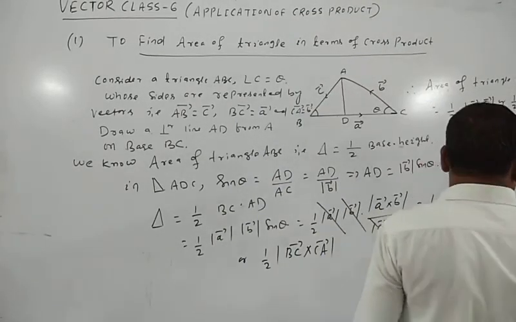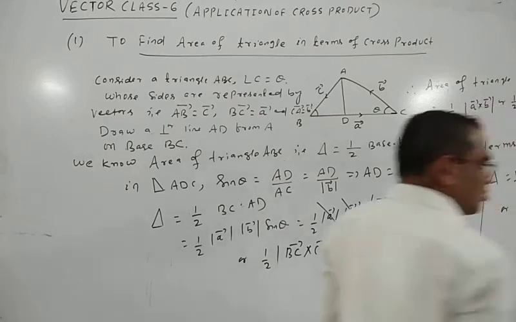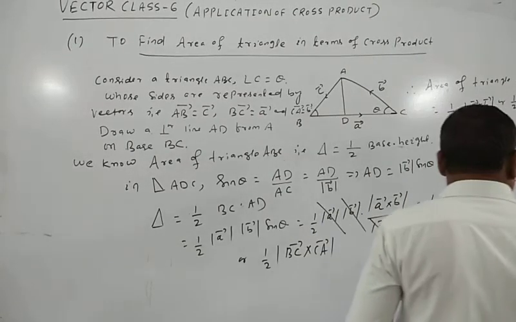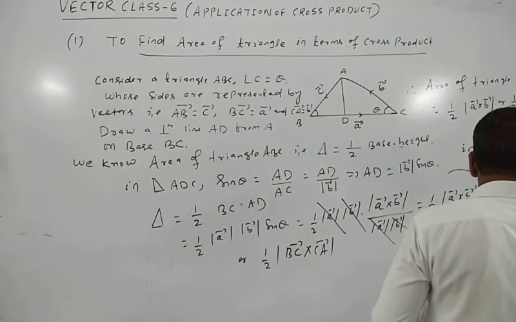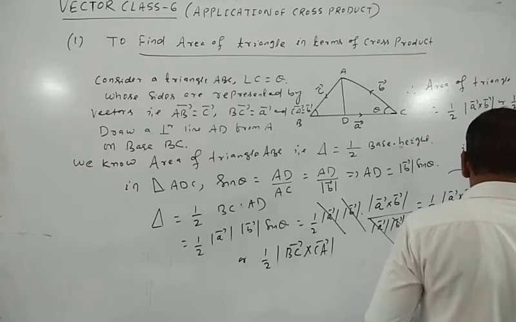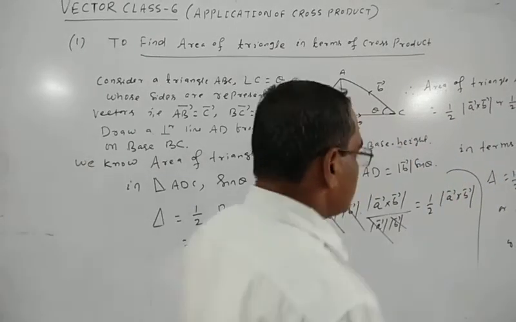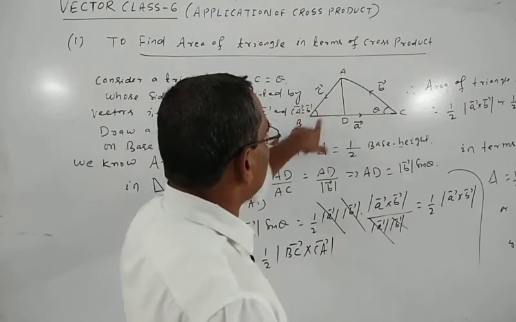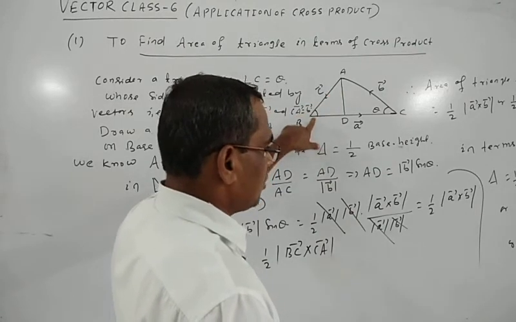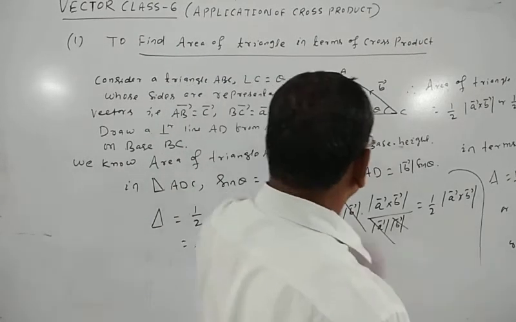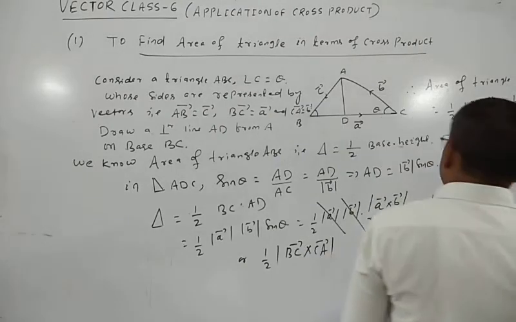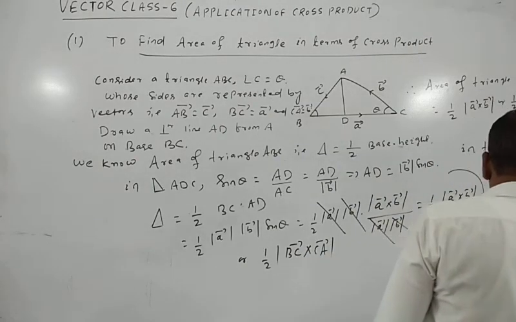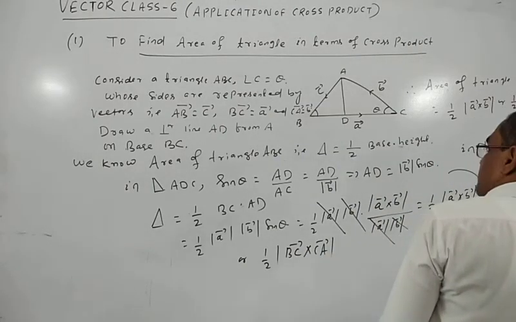This is equal to AB vector cross AC vector, because its magnitude is there. Or it may be half into AB cross BC, BC cross CA, or half into AB vector cross BC vector.